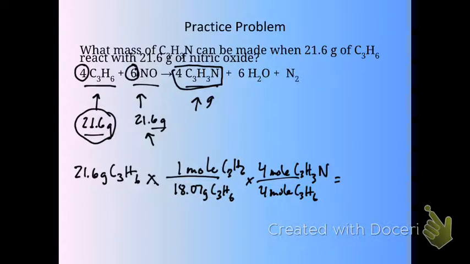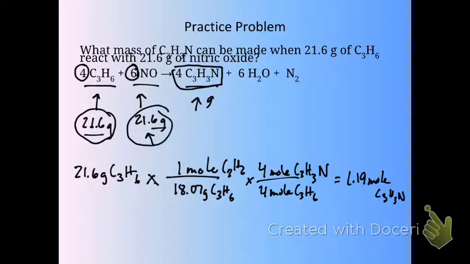We calculate that, 21.6, so this is 1.19 moles of C3H3N.